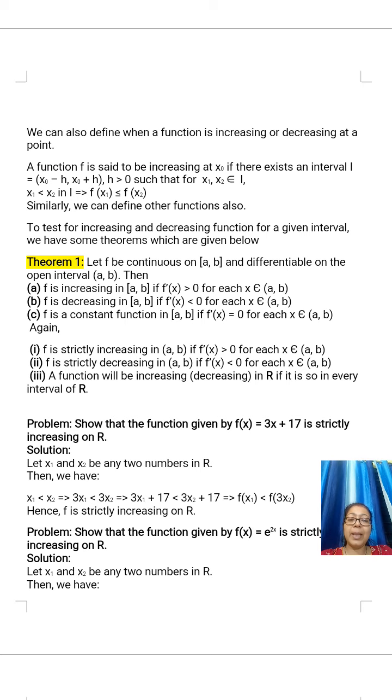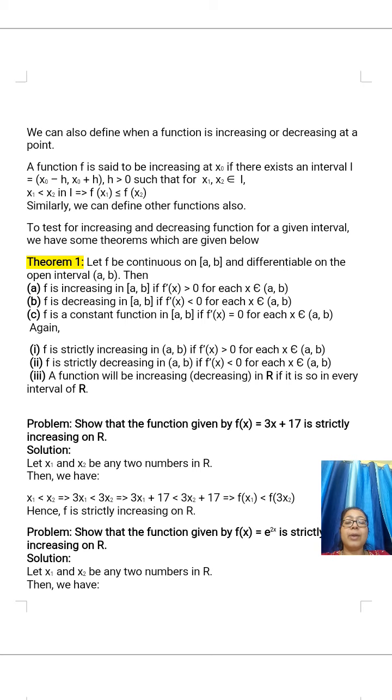One example I have shown here: a function is given, f(x) equal to 3x plus 17, and you have to show it is strictly increasing. So here we take two points x1, x2 in R, the real numbers, and x1 less than x2.